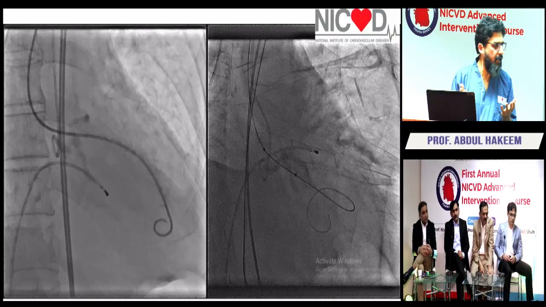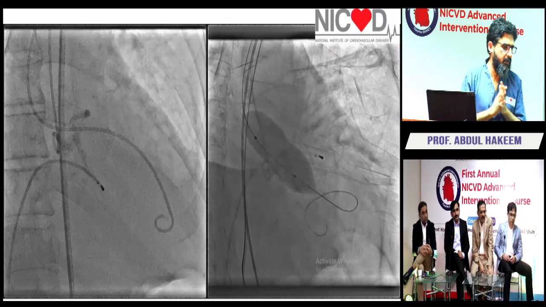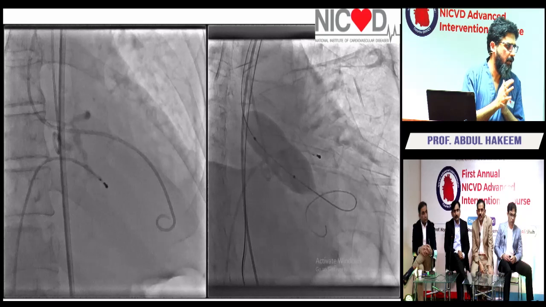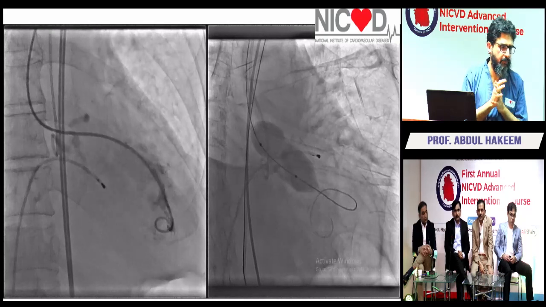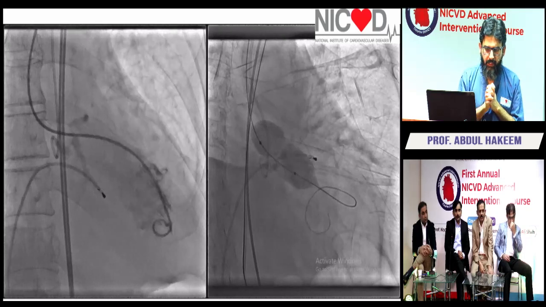So you can see his LV is really down, okay? Obviously, in this case, you don't want to rapid pace. And you can appreciate the amount of calcium that's there.